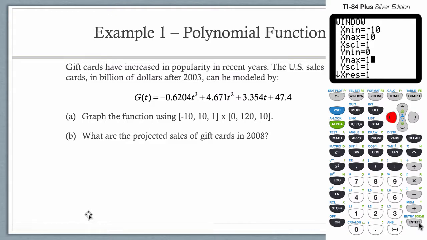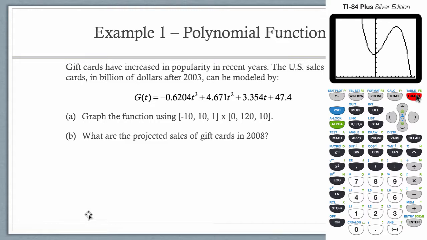I'm now going to use the graph to figure out the projected sales of gift cards in 2008. Since my function is in billions of dollars after 2003, that means that 2008 is going to be year 5. If I go to second and then to the trace key, that brings up the calculate menu, which has all the different functions that we can do using the graph.